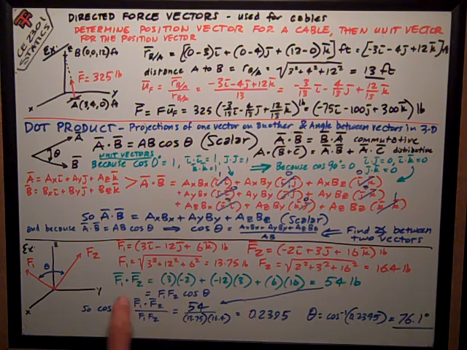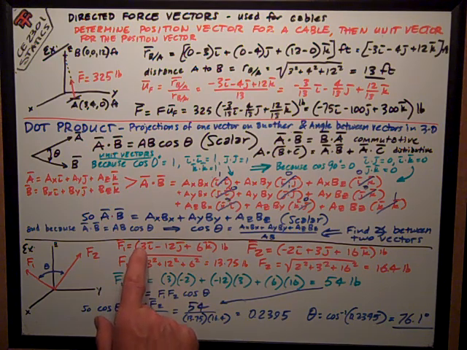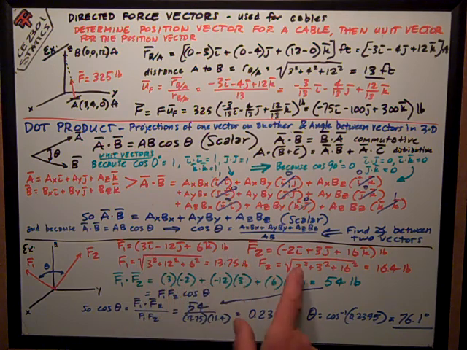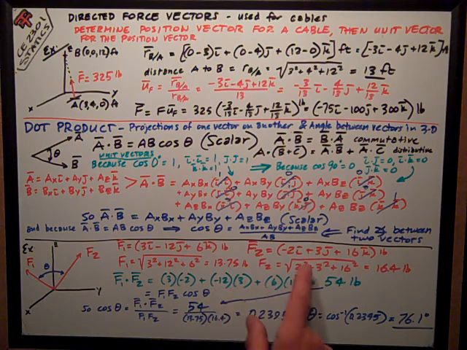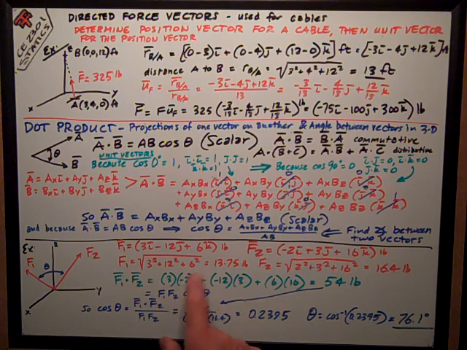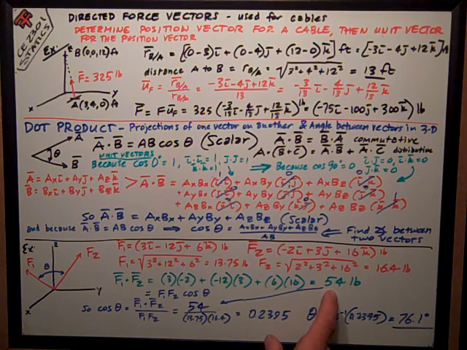So F1 dot F2, I just multiply the x terms times each other, 3 times negative 2, plus negative 12 times 3, plus 6 times 16. Do all the math. That's negative 6, that's negative 36, and that's 96. Works out to be 54 pounds.